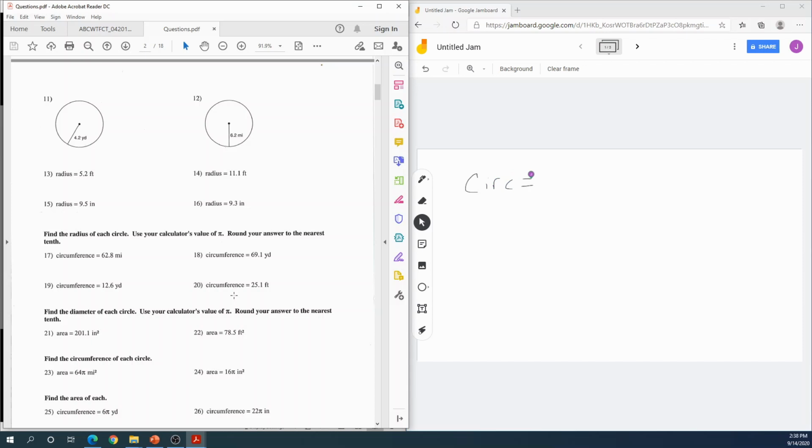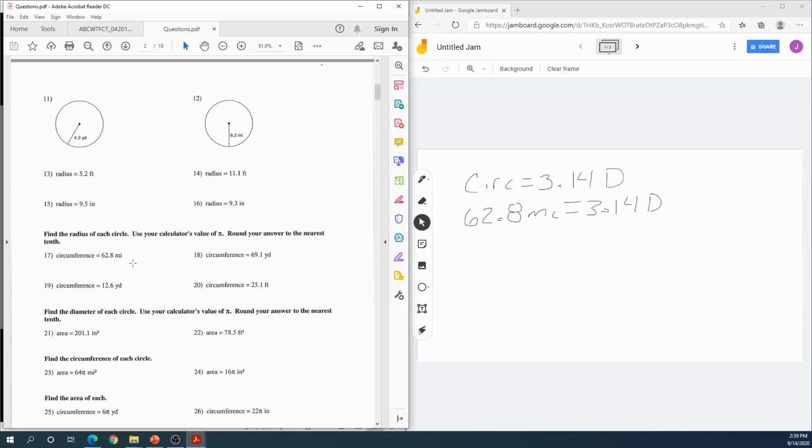Circumference is equal to 3.14 times our diameter. So we know our circumference is equal to 62.8 miles. That's going to equal 3.14 times diameter.